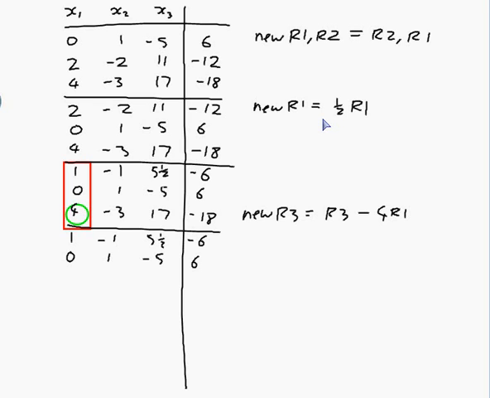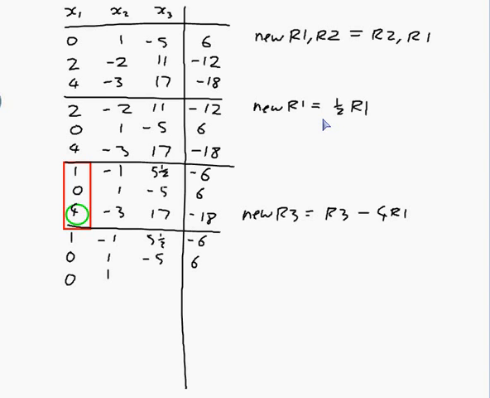Okay, so in this first position, 4 take 4 times 1 is 0, so we get the 0 that we wanted. Negative 3 take 4 times negative 1 would be negative 3 plus 4, which would be 1. And 17 take 4 times 5.5.